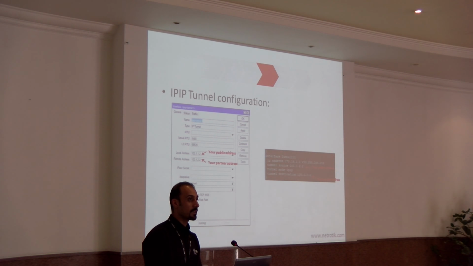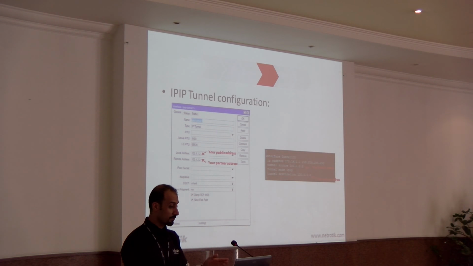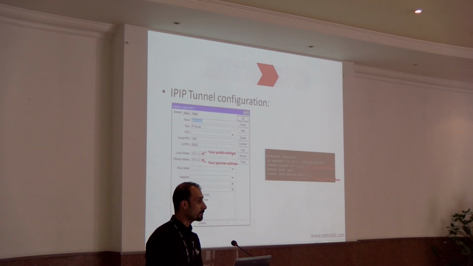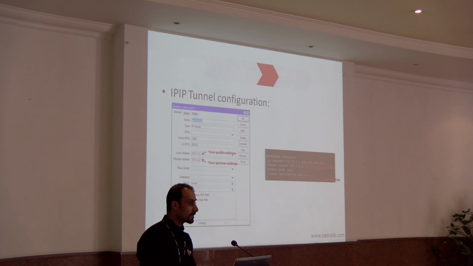For IP-in-IP configuration, you need to go to the interface menu in Winbox and then go to IP tunnel. I put it in my slide, but it's very simple. You go to the IP tunnel in MikroTik. You choose a name.